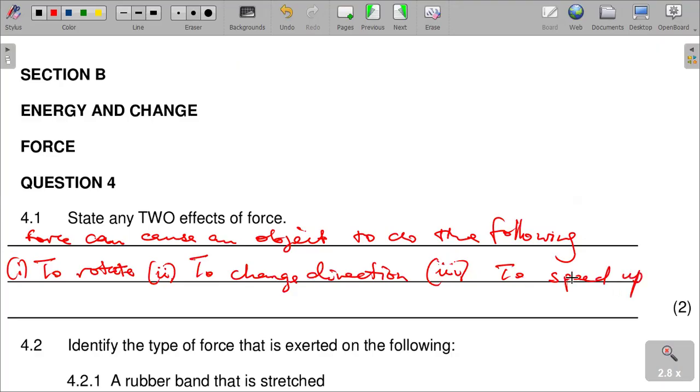Force can also be used to change the shape of an object.